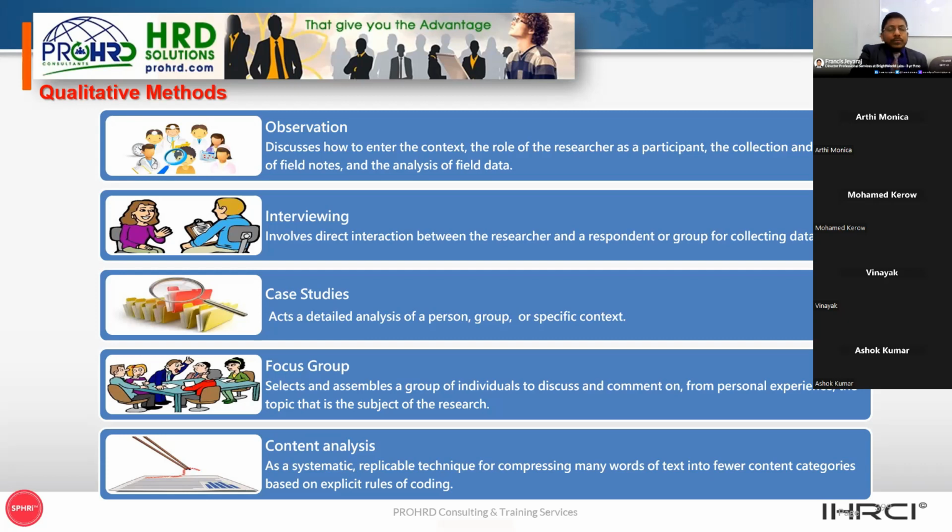Then the focus group. The focus group selects and assembles a group of individuals to discuss and document, from personal experience, the topic that is the subject of the research. You focus on a certain topic, bring the experts together, and all of them give their opinions and suggestions, and then you come out with the conclusion.